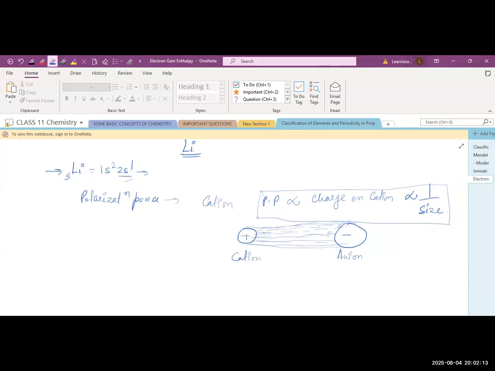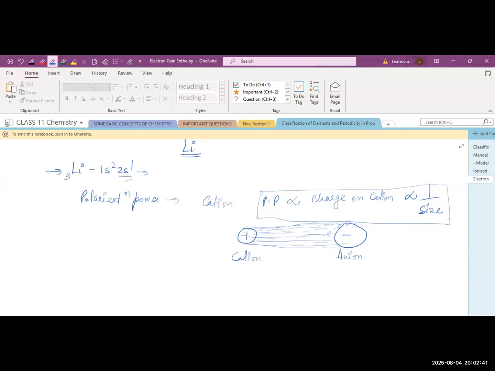It can deform the spherical shape of the anion's electron cloud, which pulls the electrons towards itself. ये अपनी तरफ electron को pull करता है, right?